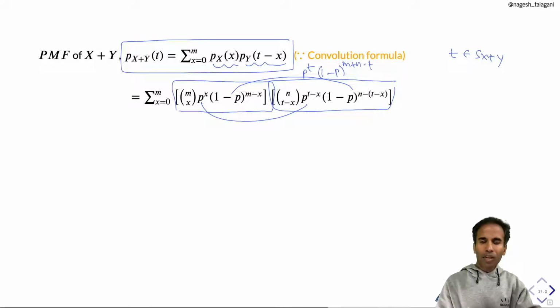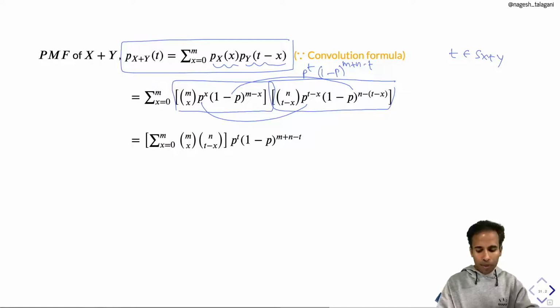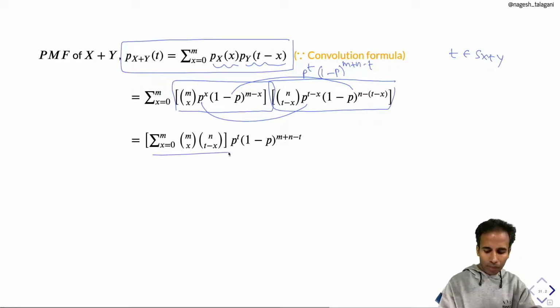Okay, in every term this is what happens. So we can take that common. We end up with p to the power t times (1 minus p) to the power m plus n minus t times the summation, x equals 0 to m, of m choose x times n choose t minus x.